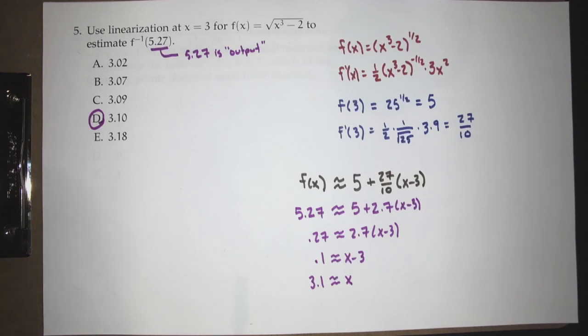And so we say, okay, great. So 5.27 is about 5 plus 2.7 times x minus 3. We can subtract 5. 0.27 is about 2.7 times x minus 3. That means x minus 3 needs to be 0.1. So x needs to be 3.1. All right. Any questions?